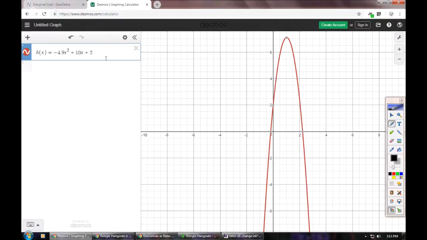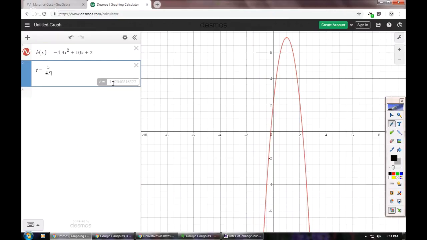There's my parabola. And Desmos very kindly actually gives me those two numbers, but I'm going to confirm those calculations. I'm going to call t equal to my negative b over 2a.